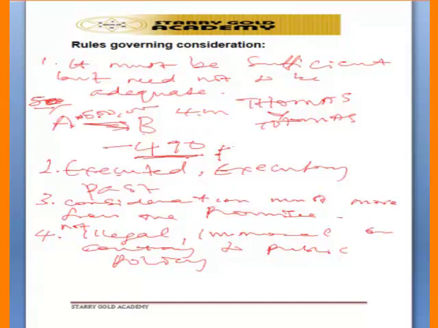Also part of public policy is that where somebody is demanding money in order to give out a contract. Demanding a bribe in order to give out a contract is contrary to public policy, so such cannot be recognized by the court.